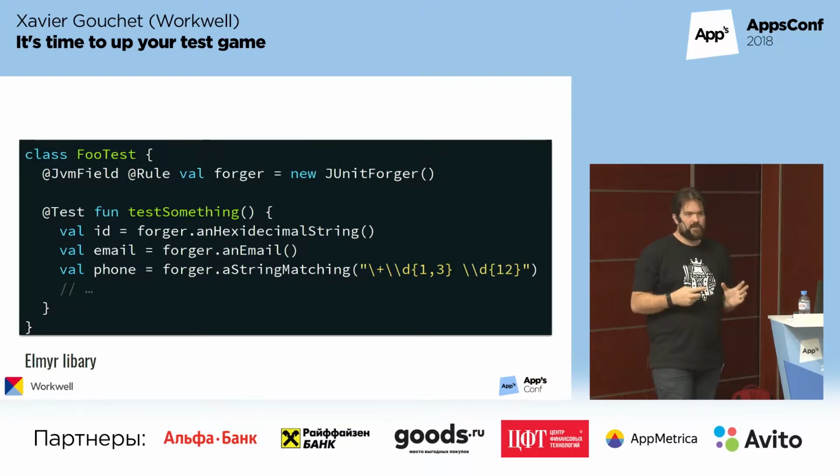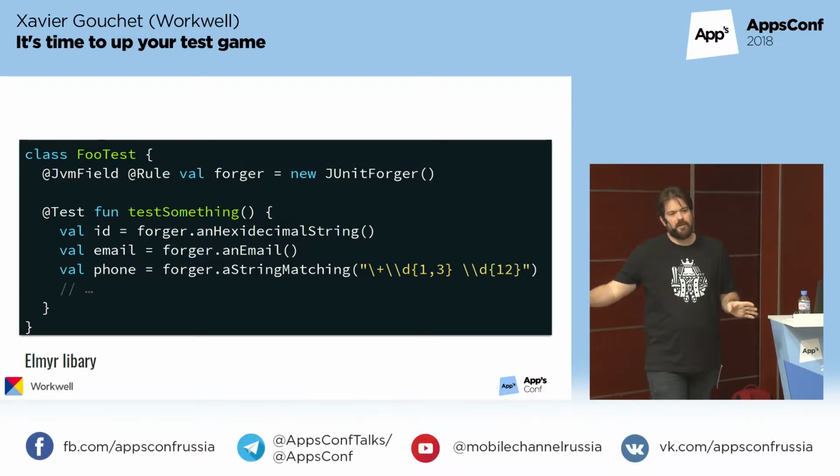You can say, okay, I want my ID to be a hexadecimal string, because all my IDs are hex strings. I want an email address, and this email implementation can generate emails that follow the RFC, and most of the time they don't look at all like firstname.lastname@company.io. It's actually a lot of weird email addresses that you're going to get.